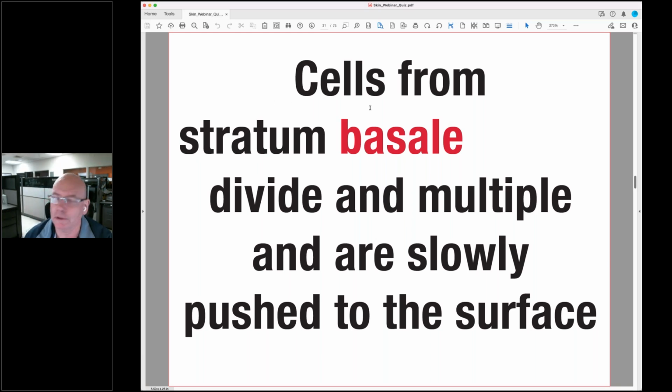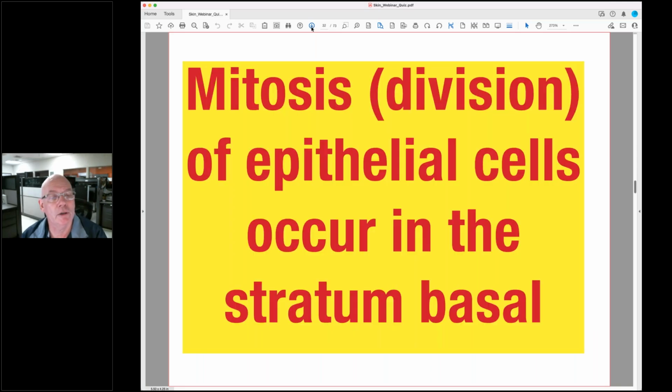Okay, another special note. Been a while. Ready? Mitosis, which means division of epithelial cells, occurs in the stratum basale.